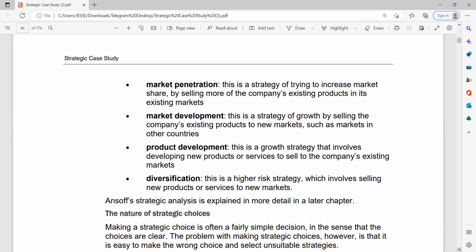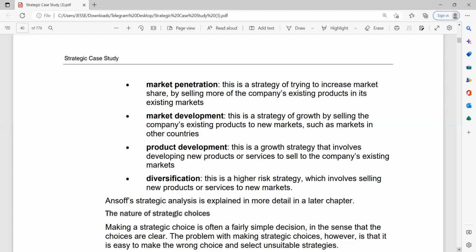A typical example would be a company, let's say for instance, Pepsodent, right?